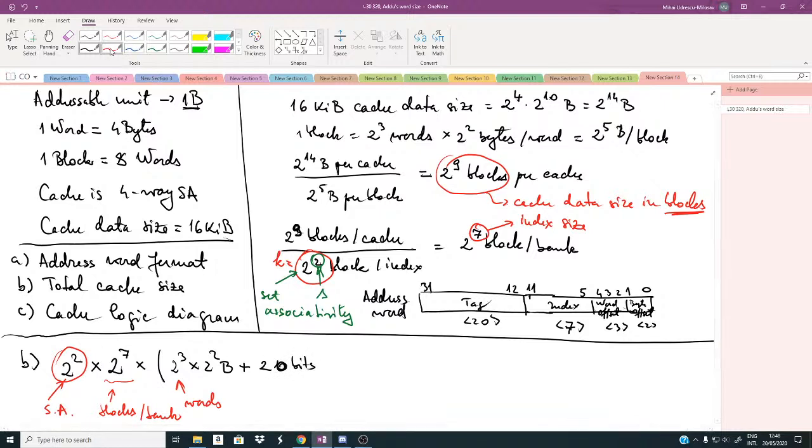This is the tag, plus 1 bit, the valid bit.